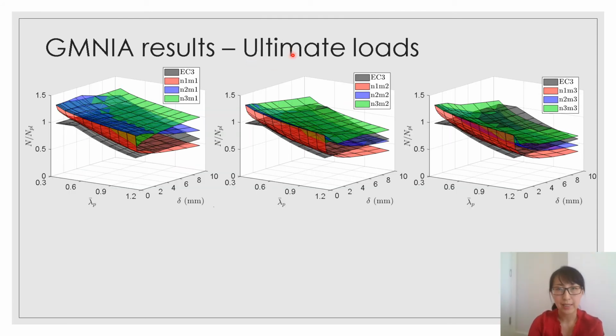So we can also look at the ultimate load surface plot, where the green, blue, red curves correspond to 3-to-1 transverse half waves, and the 3 figures correspond to 1-to-3 longitudinal waves. And the gray surfaces in each figure represent the Eurosteel design line, which is very close to the case of N1M1, which is normally adopted for conventional steel research.